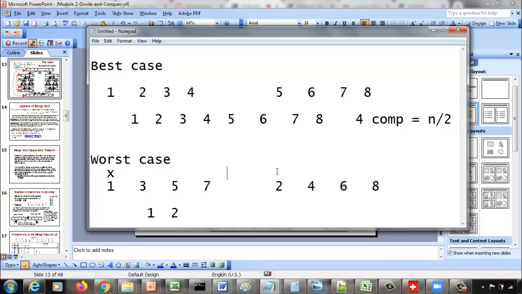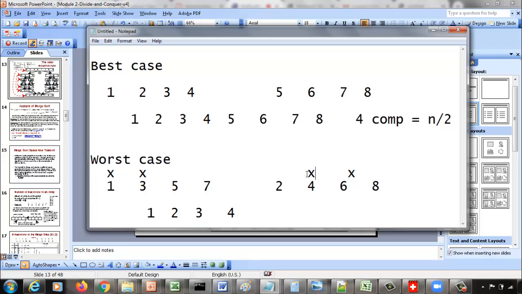Let me indicate that here. And then 3 with 4, that is one comparison, so 3 comparisons so far.